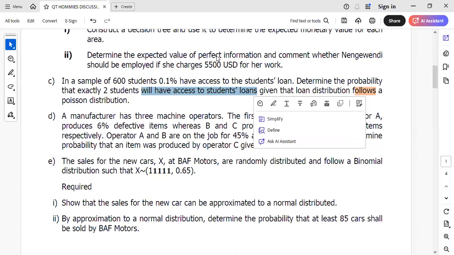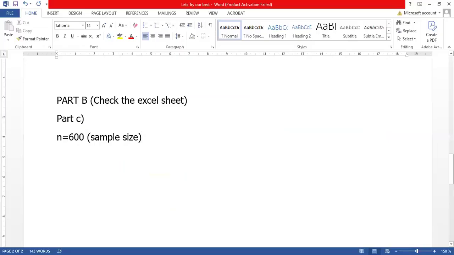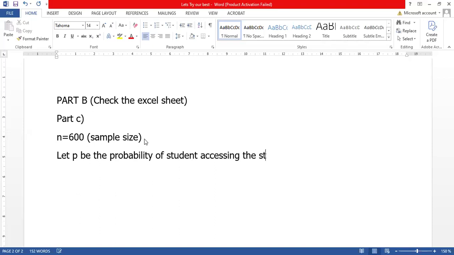So you can define and say: let P be the probability of a student accessing the student's loan.